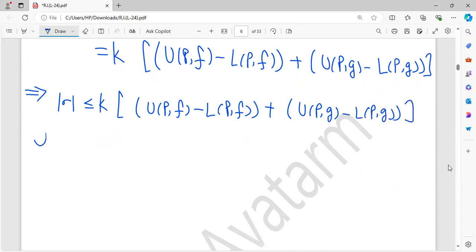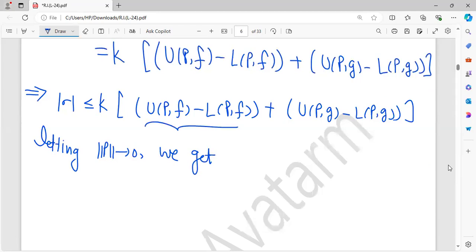So letting norm P tending to 0, what do we get? When norm P tends to 0, this part tends to 0 because f is Riemann integrable, and this part tends to 0 too.